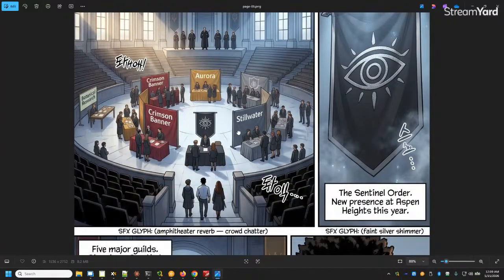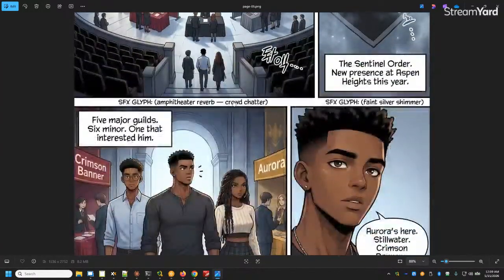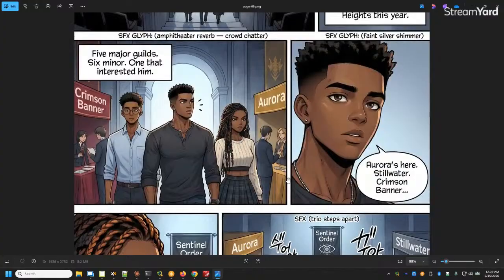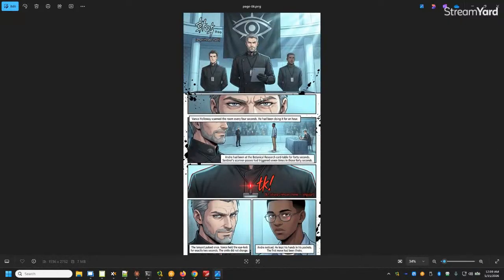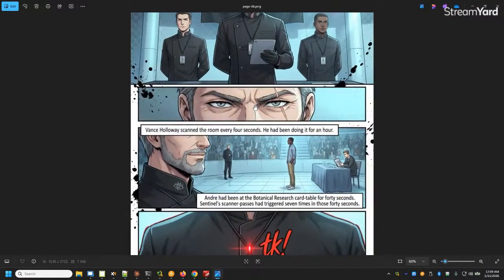The Sentinel Order, new presence at Aspen Heights this year. 5 major guilds, 6 minor. One that interested him. Aurora's here, Stillwater, Crimson Banner. All right. And Sentinel, they split up by plan, not by accident. Okay.